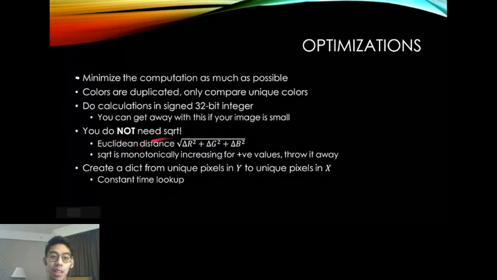You don't need a square root. So the Euclidean distance, if you've forgotten your maths class, looks like this. You take the square root of the sum of the differences in the red pixel in x, red pixel in y squared, green pixel in x, green pixel in y squared, blue pixel in x, blue pixel in y squared. So you take the differences between the pixel values, you square it for the red pixel, for the green pixel, for the blue pixel.